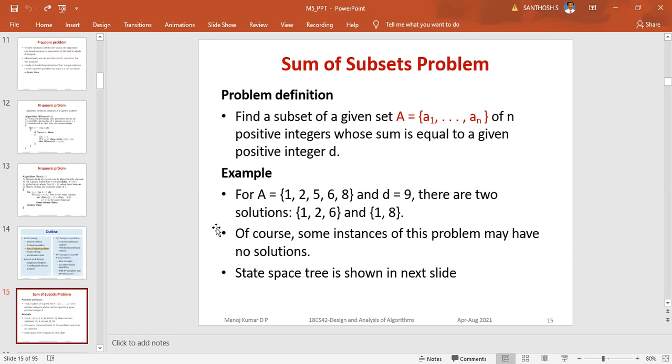There are two solutions: 1, 2, 6 and 1, 8.